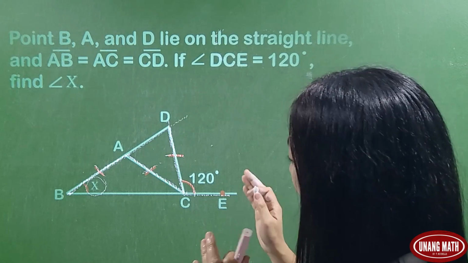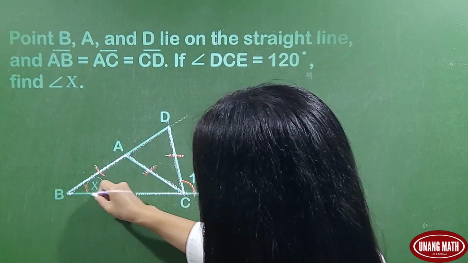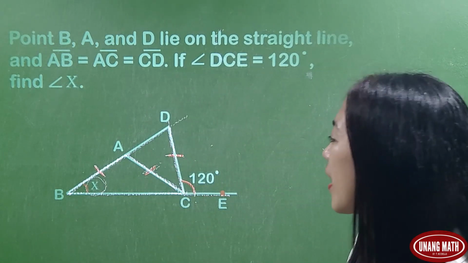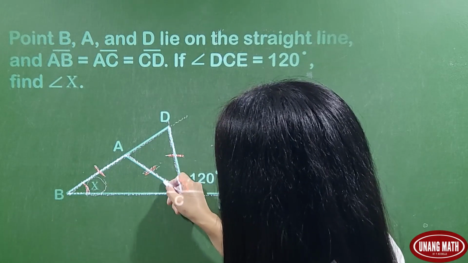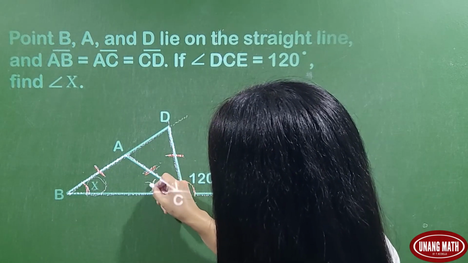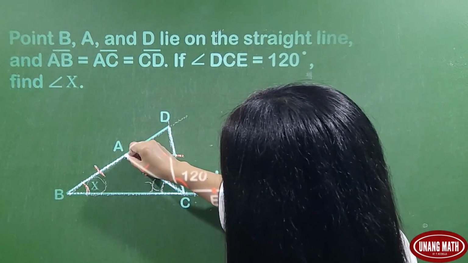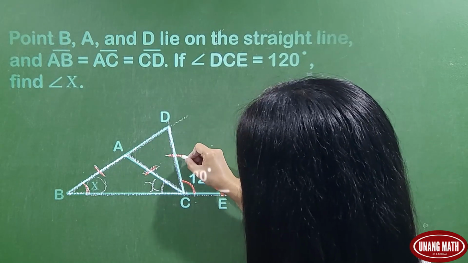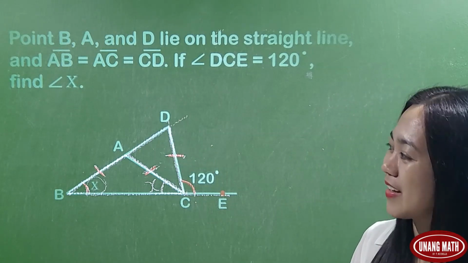Okay, looking at this triangle, specifically this triangle, these two sides are equal, so this is an isosceles triangle. If this is angle X, then that means this is also X. Okay, now, we have another triangle here. These two sides are equal, so it means this is also an isosceles triangle.